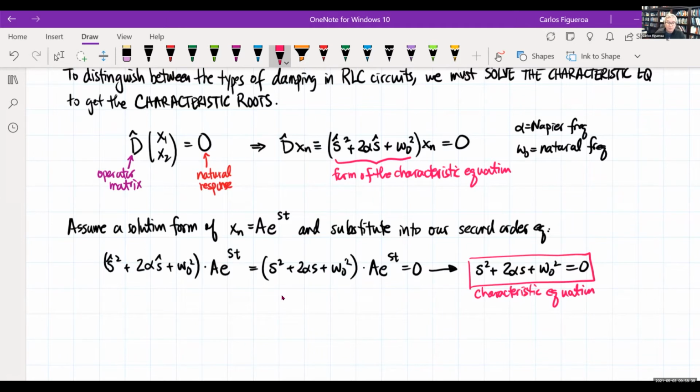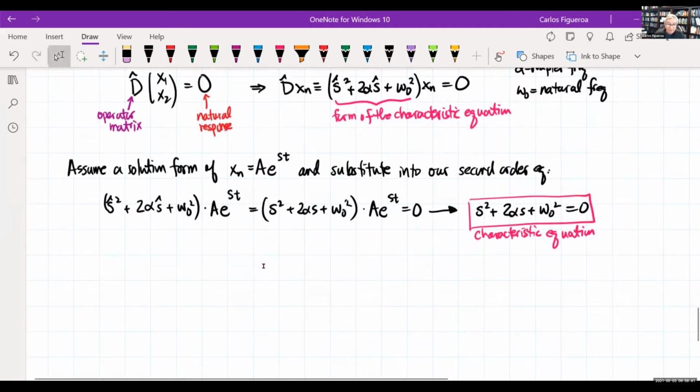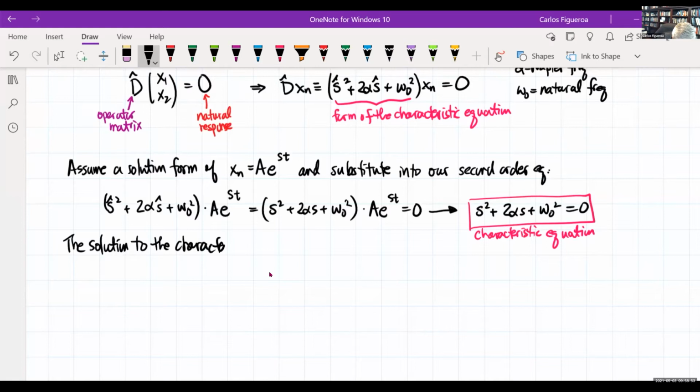And so then we need the roots for this. So then next, the solution to the characteristic is then going to be this here. So check this out.